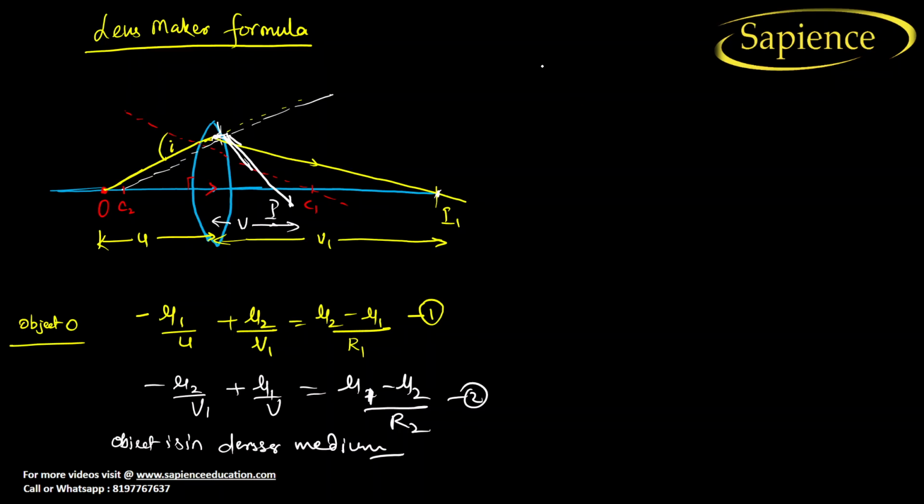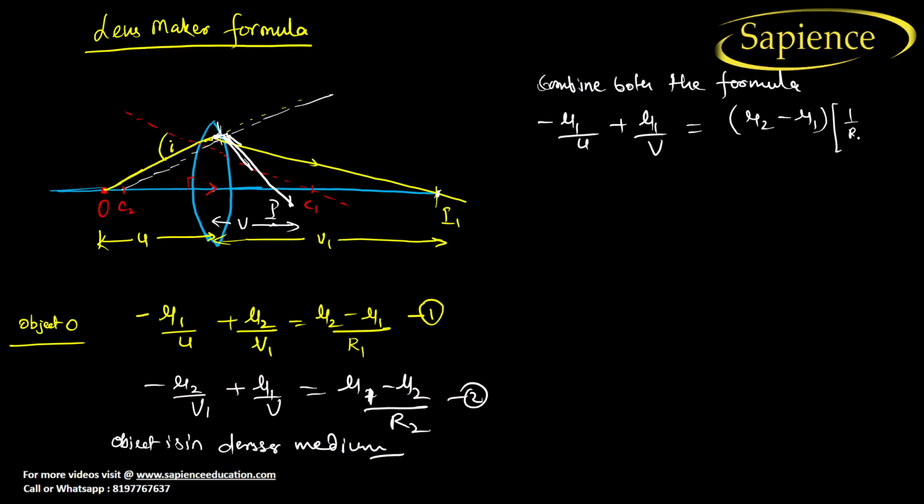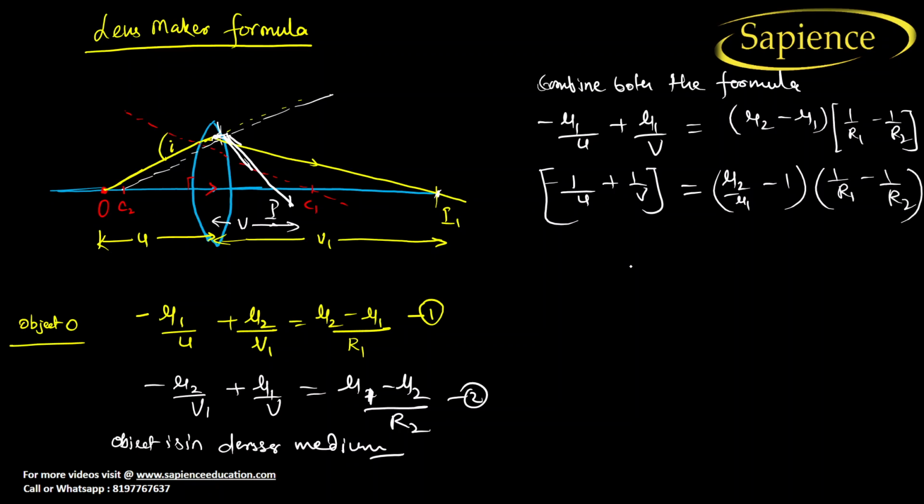Now combining both formulas, we get minus mu1 by u plus mu1 by v is equal to mu2 minus mu1 times 1 by r1 minus 1 by r2, which is equal to mu2 by mu1 minus 1 times 1 by r1 minus 1 by r2. And we know that we can get this formula.